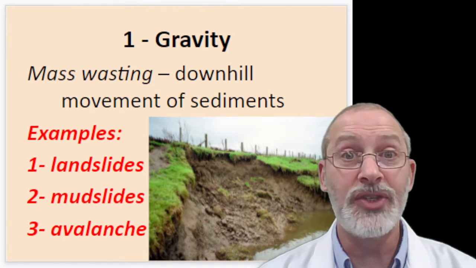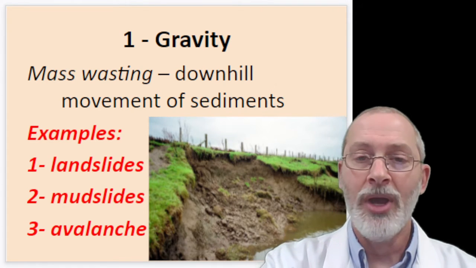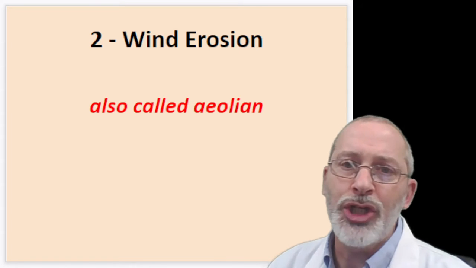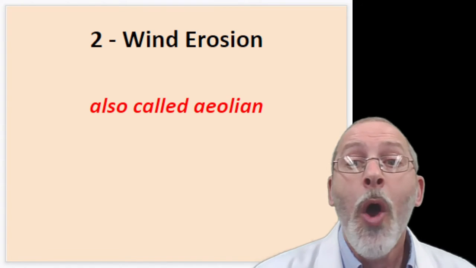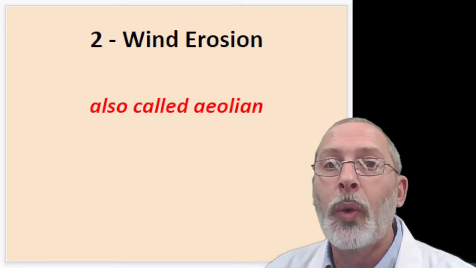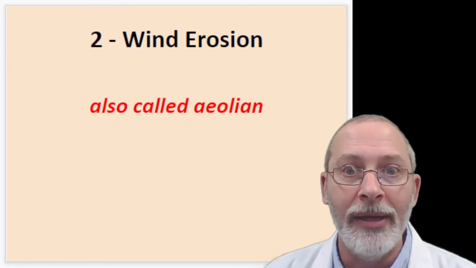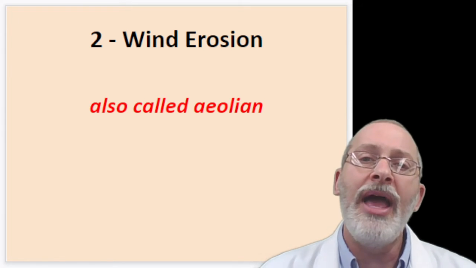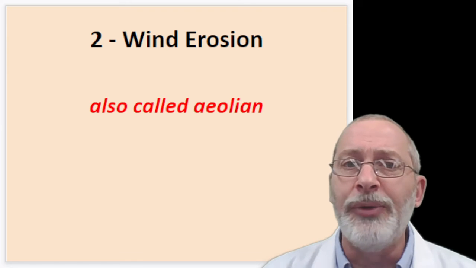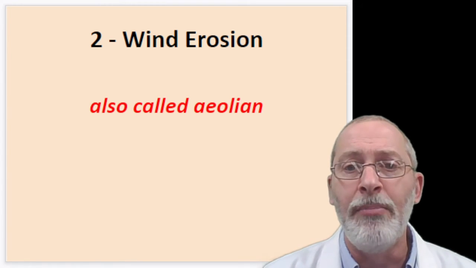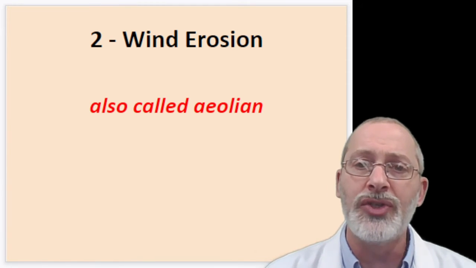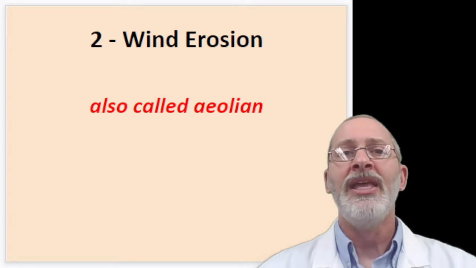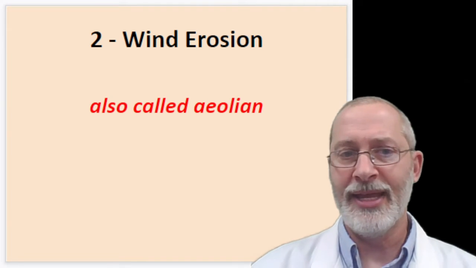All right, that brings us to number 2. Our second major agent of erosion is the wind. Now, when we talk about wind erosion, you may see in books, wind erosion is also referred to as aeolian.